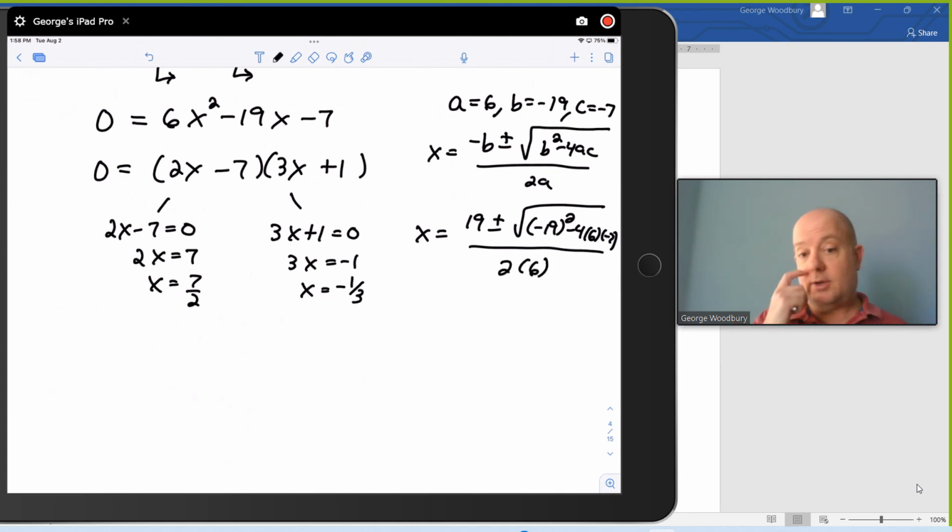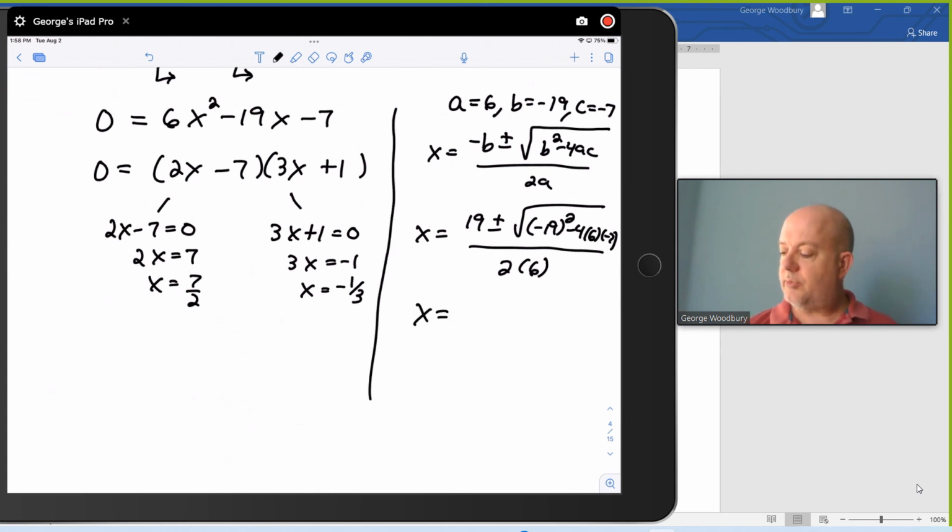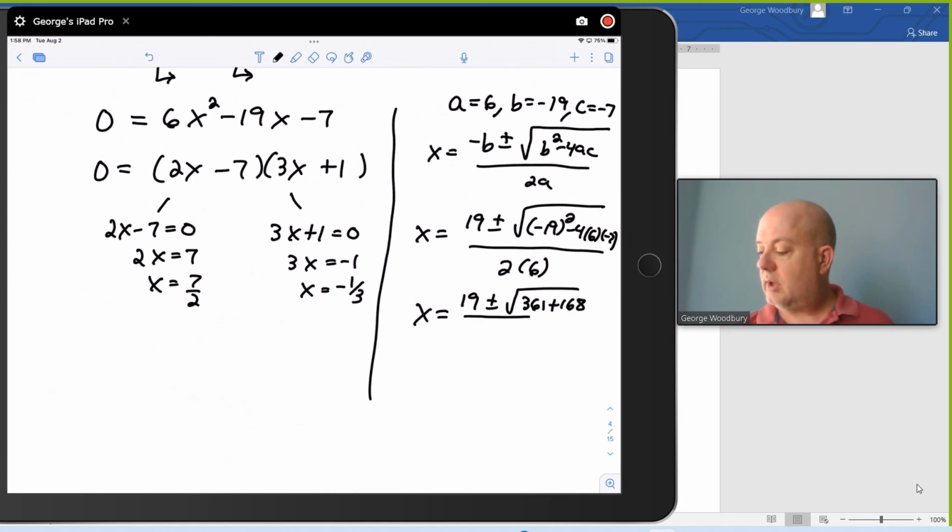A little simplifying to do. Separate that out. X equals 19 plus or minus the square root of 19 squared, or negative 19 squared, that's 361. Negative 4 times 6 times negative 7 is going to be positive 168. And that's all over 12.